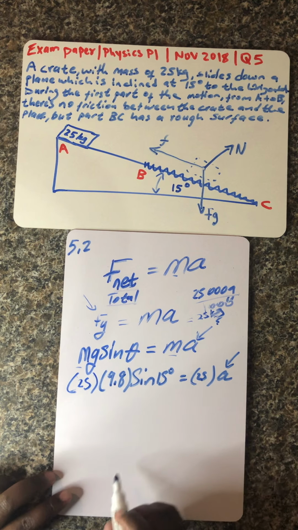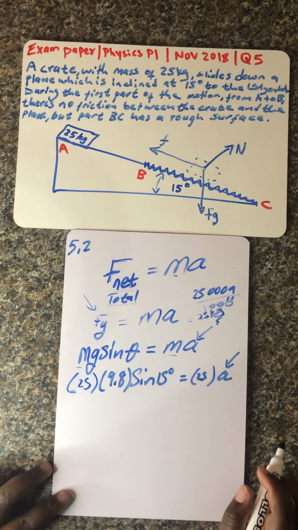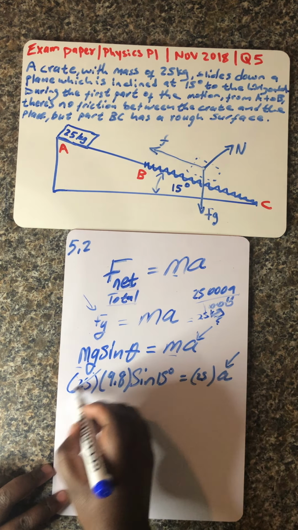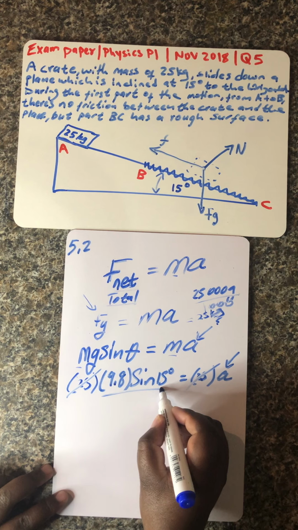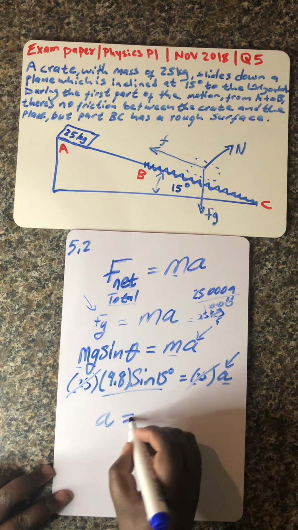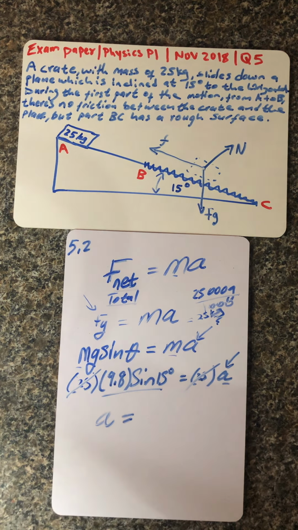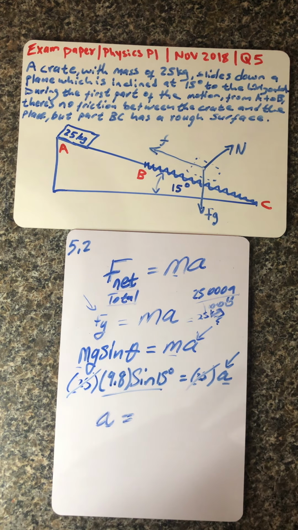So guys, let's now solve for this question. Obviously 25 and 25 will cancel each other, so that means you punch all of these and it will be equal to a. So that means our a is equal to, I'm not sure if I'm running out of ink, let's see, I hope you're able to see, guys.